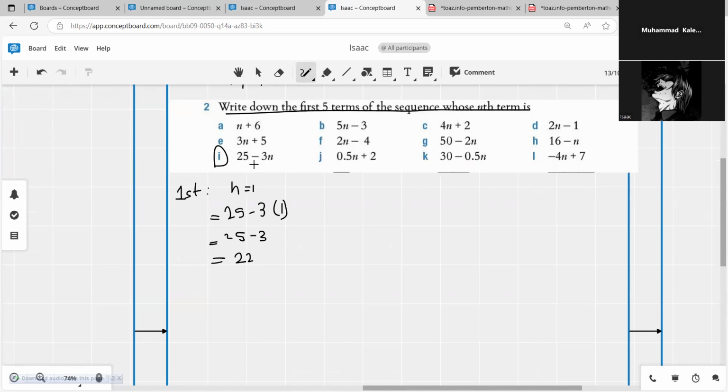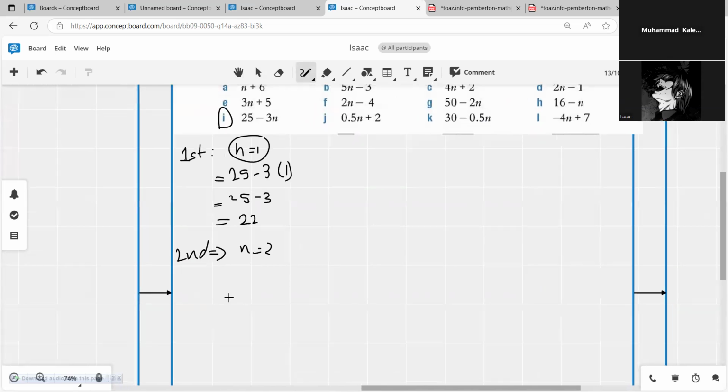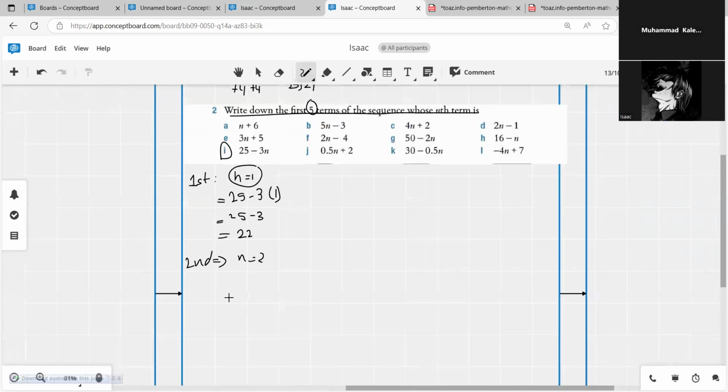To find the first 5 terms, you replace n with 1, and with 2 for the second term. For the third term, n will be replaced with 3. For the fourth term, n will be replaced with 4. For the fifth term, n will be replaced by 5. So like this, you have to calculate the pattern. Do you understand? Okay.